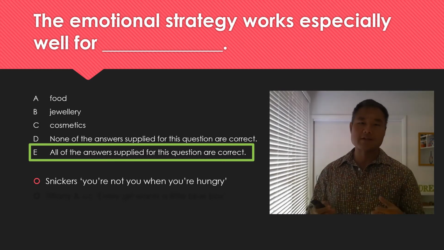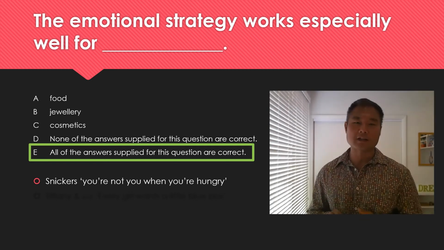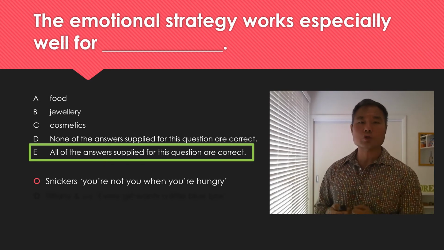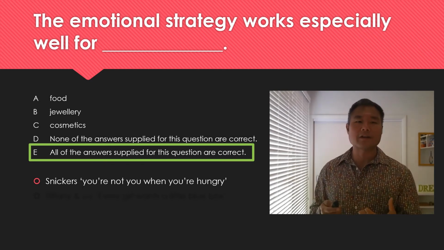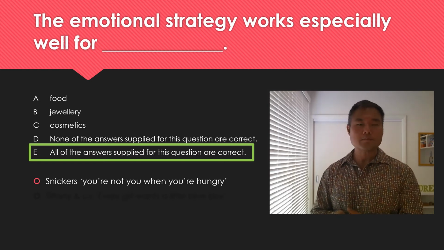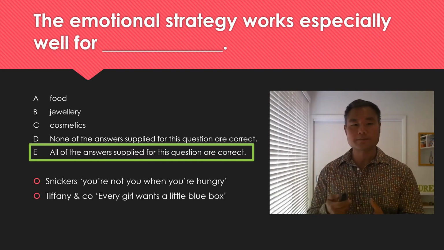It's full of nuts, it's quite rich, and so it's a real hunger buster, and that's the positioning that they've gone for. And they've used an emotional strategy because it also works well for chocolate and the idea of feeling hungry. So it's working on both humor as well as hunger.